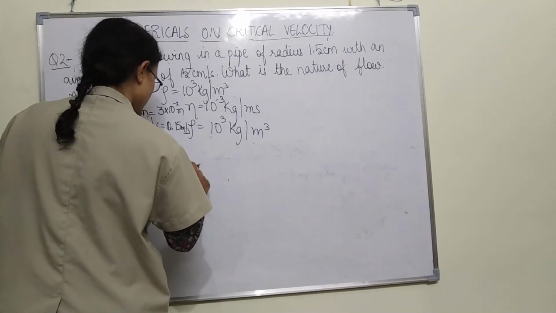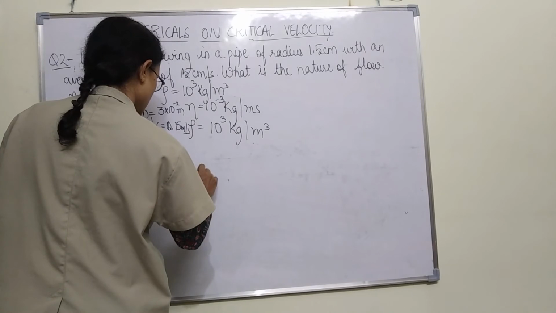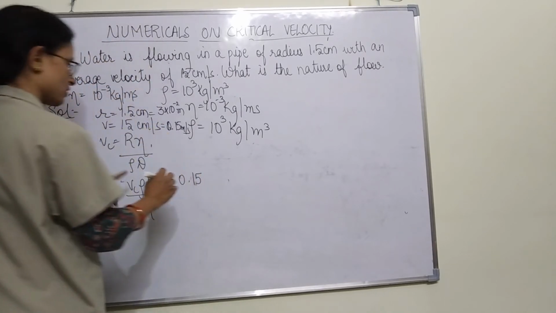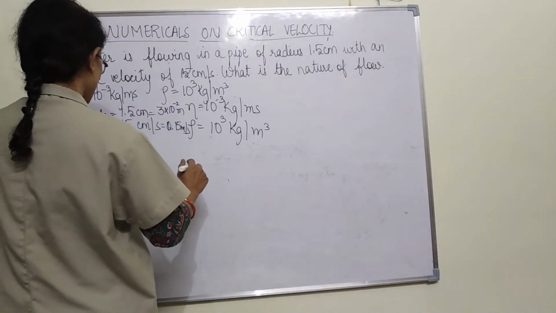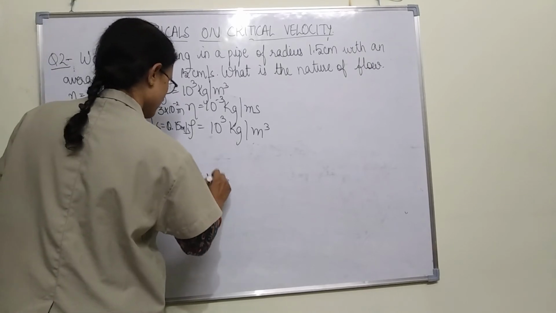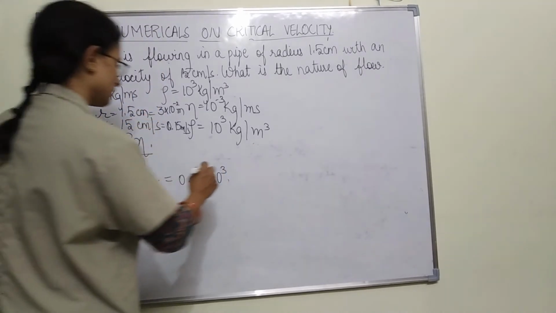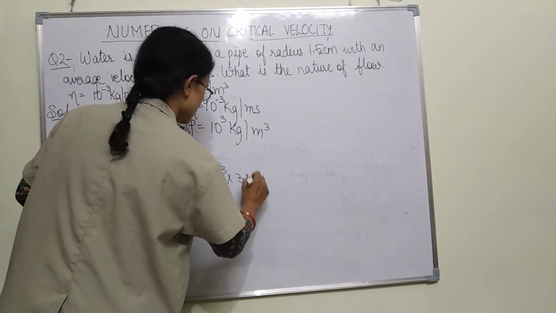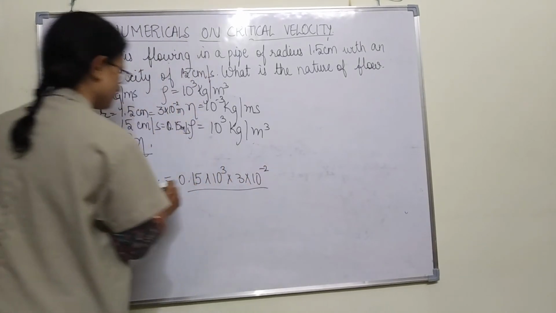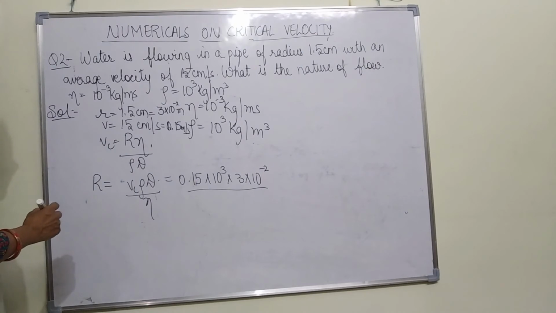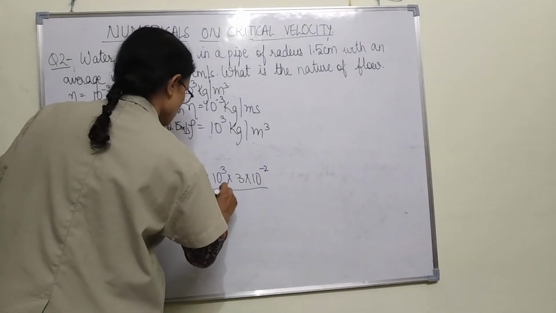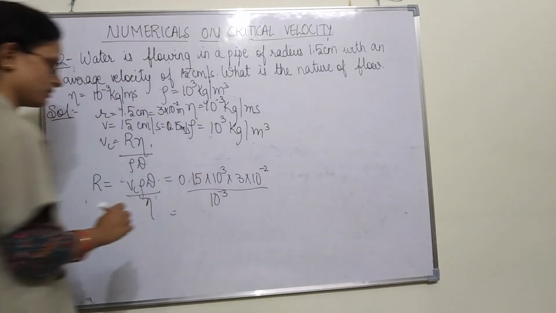So we write these changed values in MKS units. It is 0.15, this is the velocity. Then the density is 10 raised to power 3. Then the diameter is 3 into 10 raised to power minus 2, and upon eta, which is 10 raised to power minus 3.